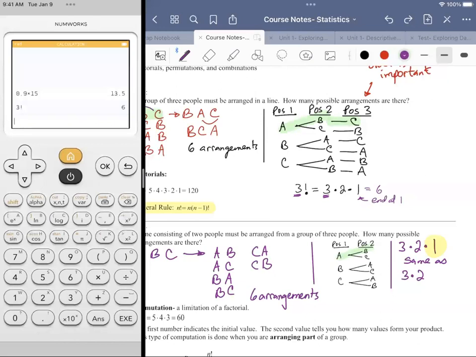Because after I've placed 2 out of the 3 individuals, this is all decided for me. All this stuff here is decided by me.